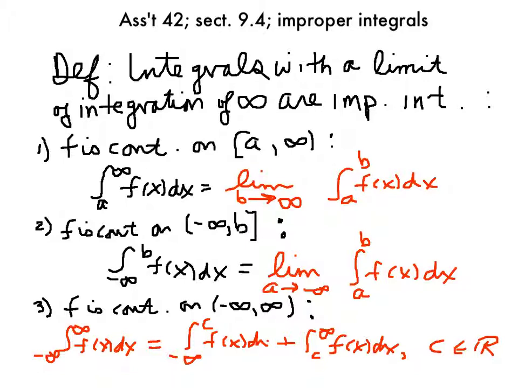And what we notice is that this expression is evaluated by part 2, and this expression is evaluated by part 1. And so that takes care of these ideas of improper integrals. And then we'll look, of course, at how they work.